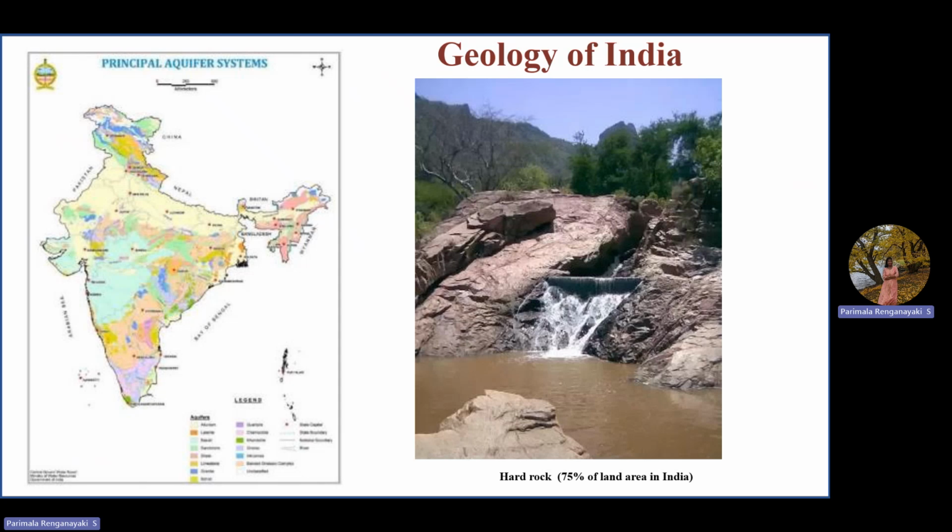They are not very capable of storing the rainwater. Only 25 percent of the Indian geology is alluvium, which is very capable of storing groundwater. This itself necessitates the need for artificial recharge or managed aquifer recharge in India.